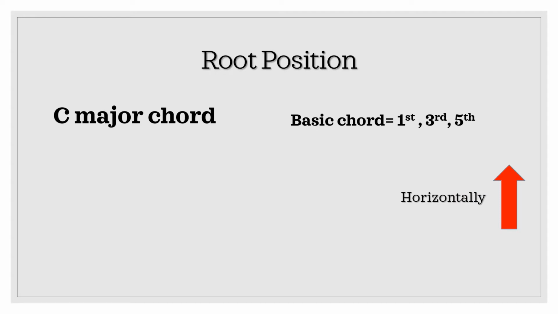So we are building a column or a house. Let's say that we are building a house. For root position, you need the root, or the first, and that would act as our foundation. Remember we said we are building a house, so that would act as our foundation.